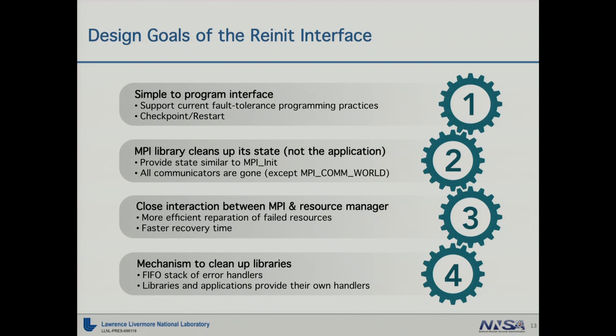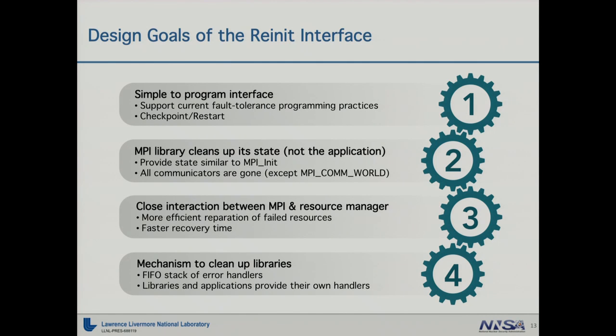All the communicators are gone, all the messages in queue are gone. So we essentially have what we have after we call MPI init, which is a single MPI comm world communicator. All the cleanup is done in the MPI library, not in the application. MPI takes care of cleaning up everything and then restarting everything.